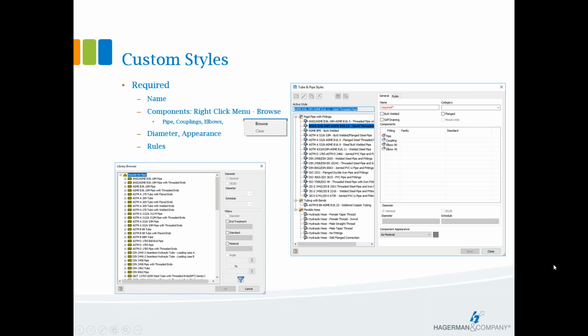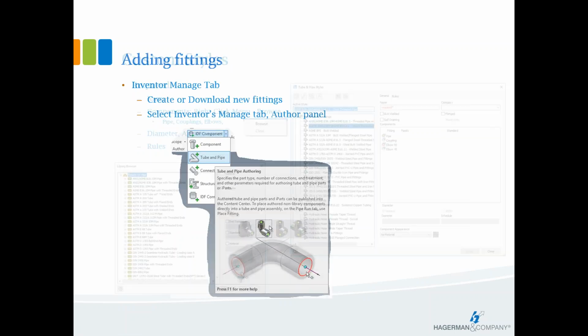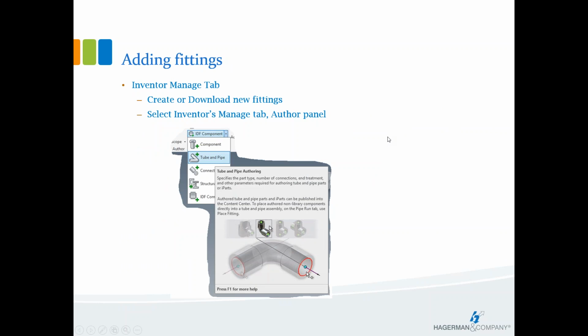There's a few different options for saving these, and additionally, there's a number of fittings in there, but certainly not all of them. Parker, for instance, has a decent library with Inventor, but there are dozens, if not hundreds, of types of fittings just from Parker alone that are not included in the Content Center.